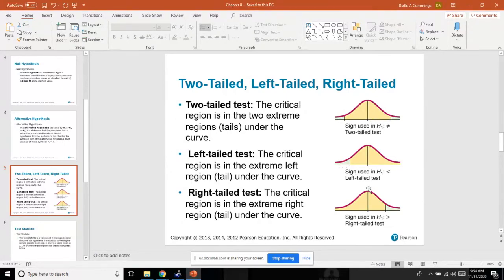So for a less than, I have a left-tail test. If I have a not equal to in my alternative hypothesis, I have a two-tail test. And lastly, for a right-tail test, the critical region is in the extreme right of the curve. So when I'm setting up my alternative hypothesis, if my inequality is greater than, I know I have a right-tail test.